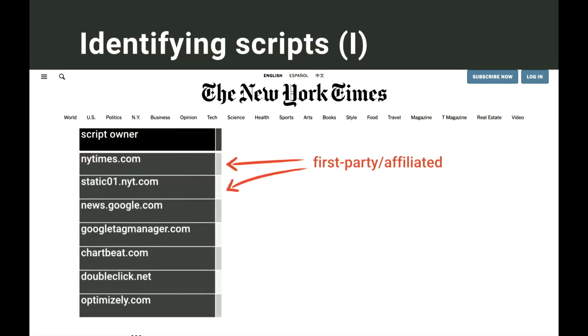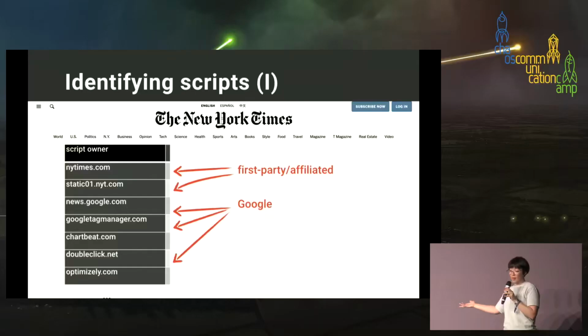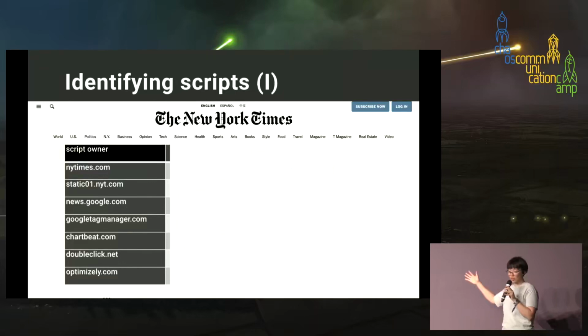So scripts actually owned by New York Times. Note that NYT.com is also owned by New York Times, but the URL is actually not exactly the same one, right? And then we have some Google products. We have news.google.com. We have googletagmanager.com. Again, not the same URL. And some people might know that DoubleClick is also owned by Google, right? So that's all the Google infrastructure you see.